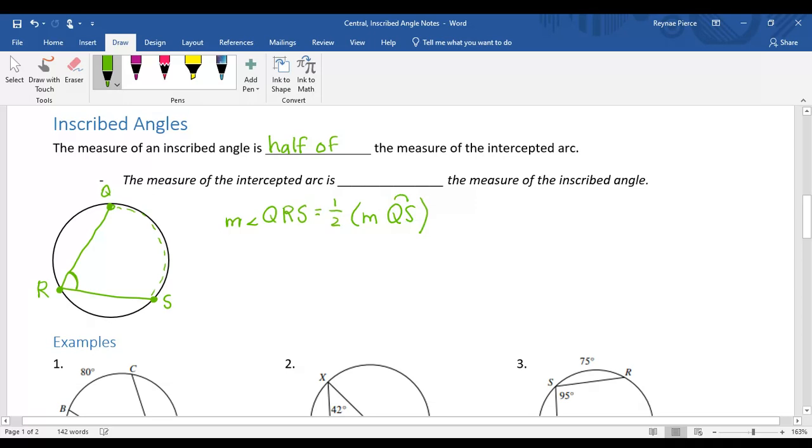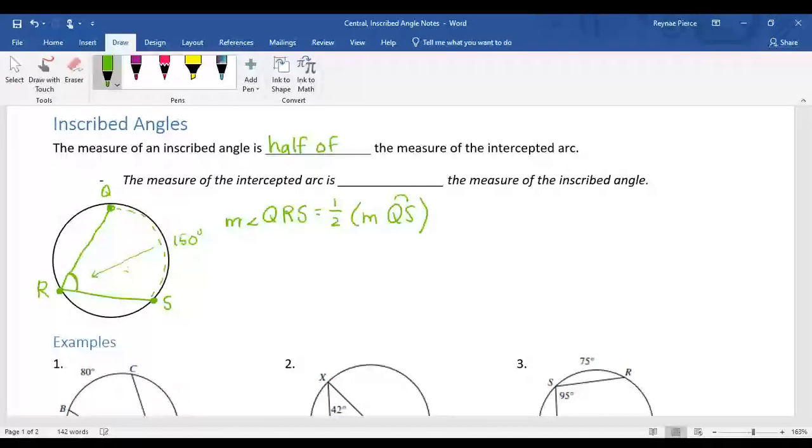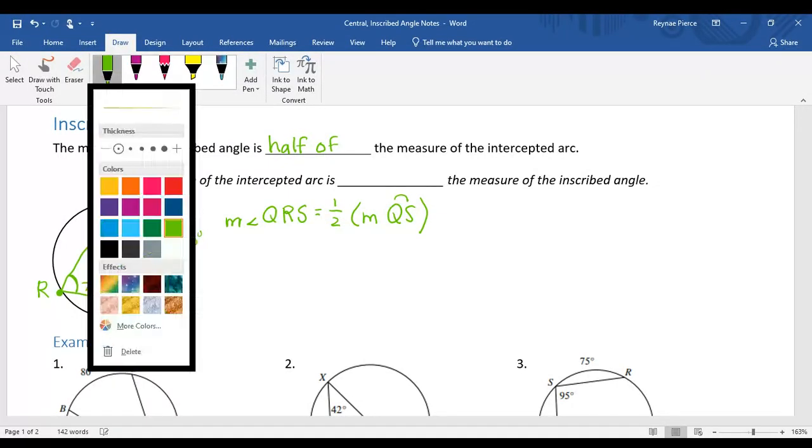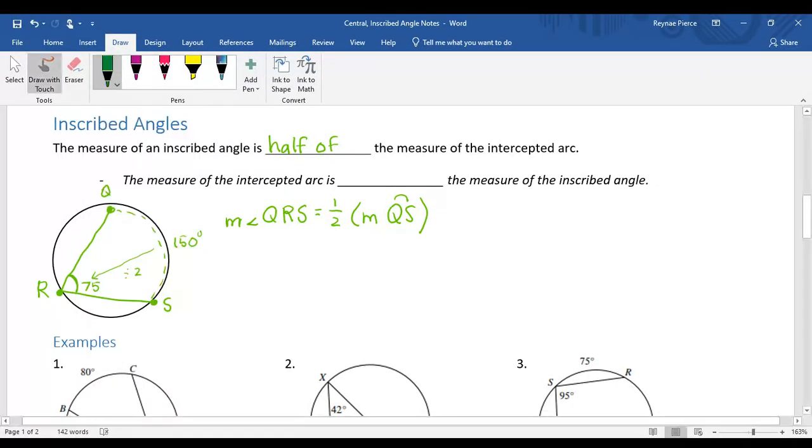So if QS is 150 degrees, we divide that by 2 to get 75 degrees here. Or we can look at it as the measure of the arc is twice the measure of the inscribed angle.